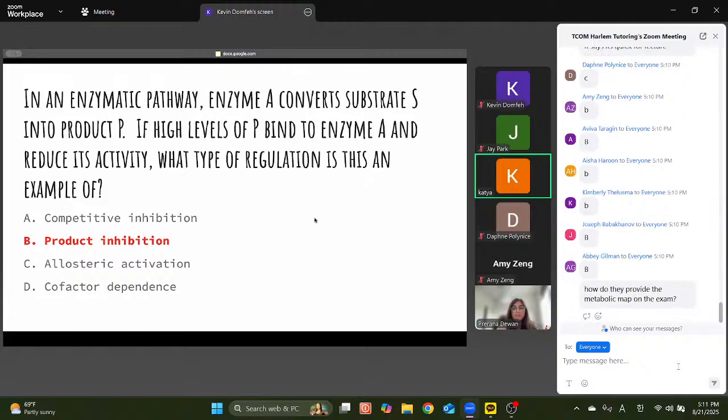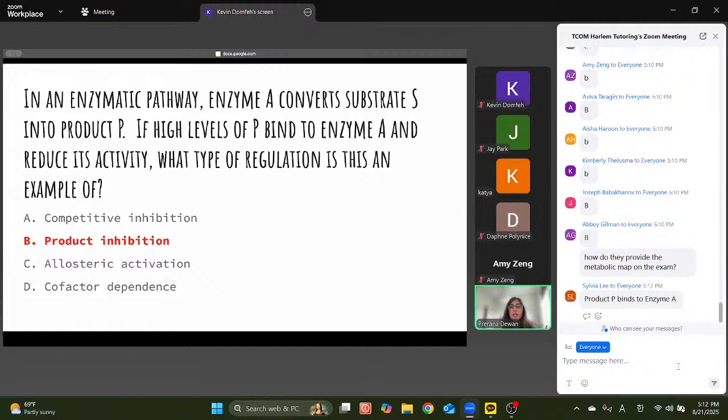I'm sorry, just really fast. Are there any keywords in this question that make you say, yes, this is definitely product inhibition versus the other choices? Yeah, so for this one, that's a great question. So here we see that the product is reducing the activity of an enzyme, right? Because there's high levels of the product, you're going to want feedback inhibition pretty much.